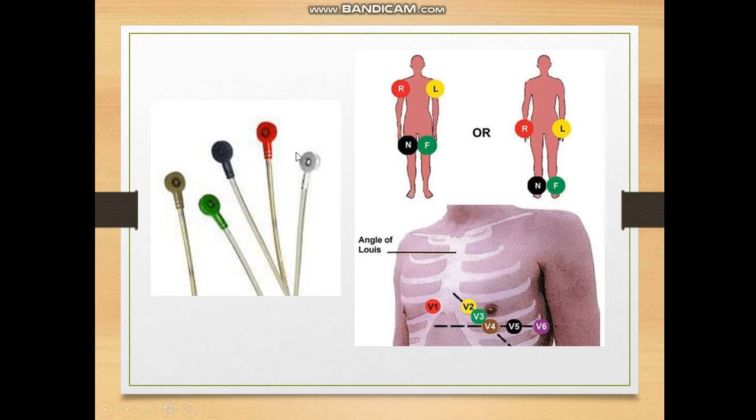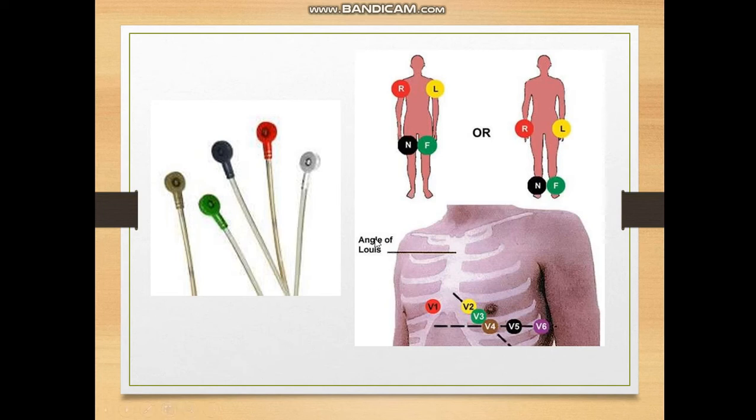There is an acronym, read your green book: the red on the right arm, the yellow on the left arm, the green on the left foot, and the black on the right foot. This comprises the bipolar limb leads.